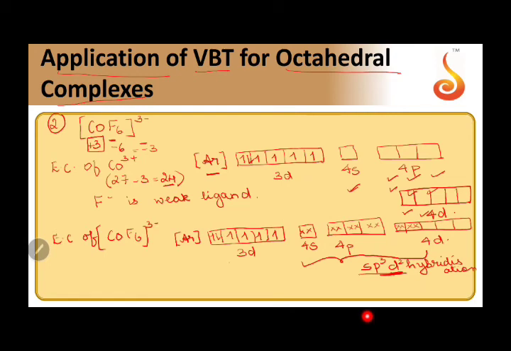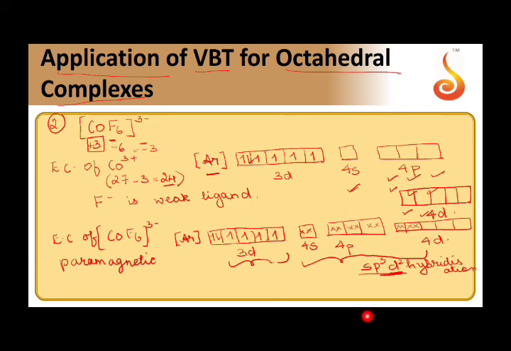This time we see that we have unpaired electrons. Here in the 3d subshell, we can see there are 4 unpaired electrons, because of which this complex is paramagnetic, due to the presence of 4 unpaired electrons.